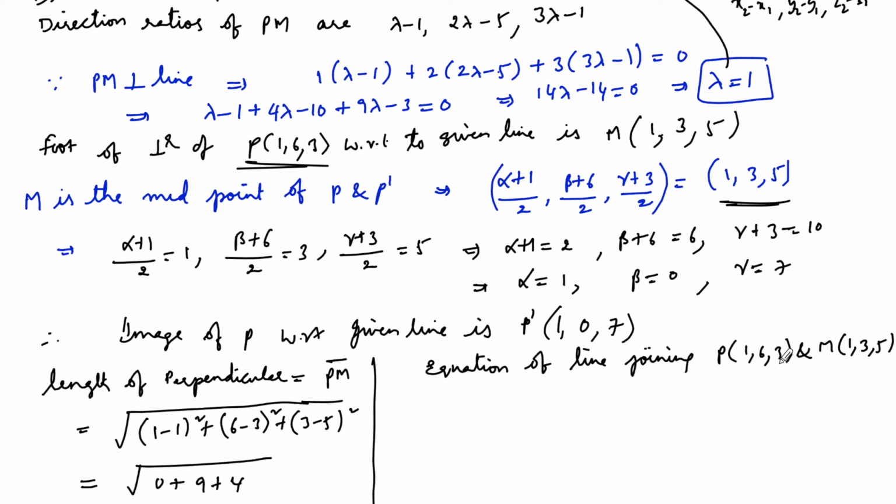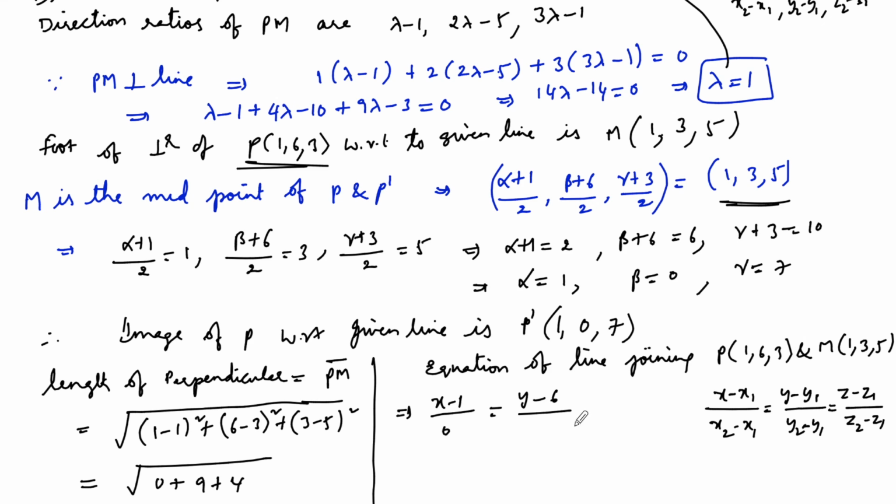Since we know that x minus x1 upon x2 minus x1 is equal to y minus y1 by y2 minus y1 is equal to z minus z1 by z2 minus z1, we can write x minus 1 divided by 1 minus 1, that is 0, y minus 6 upon 3 minus 6, which is equal to z minus 3 upon 5 minus 3.